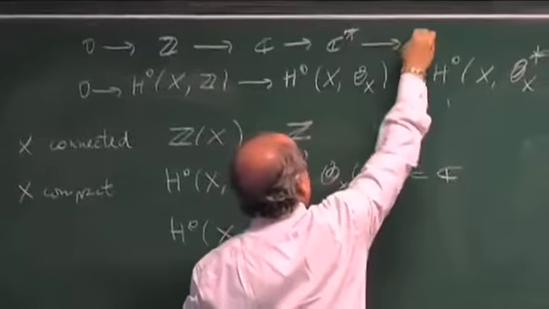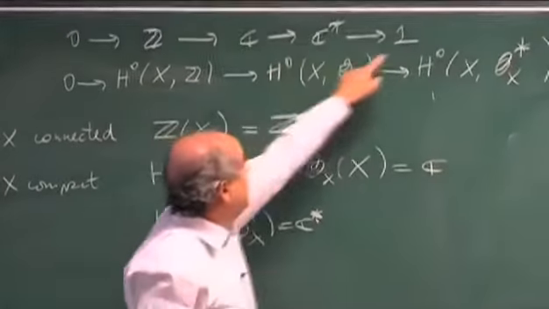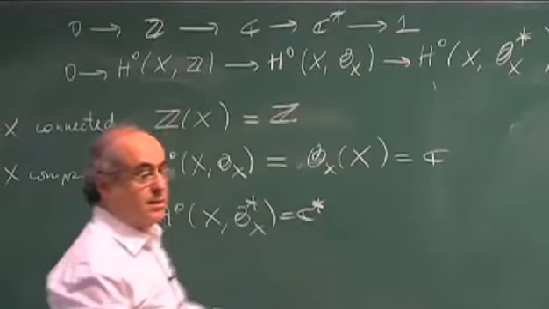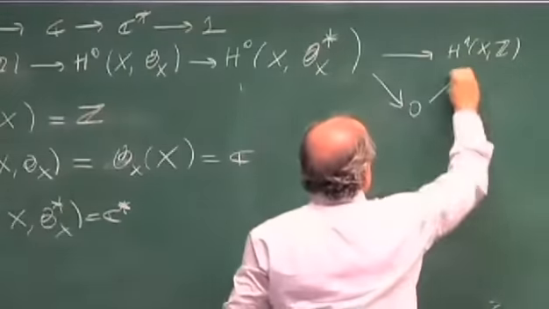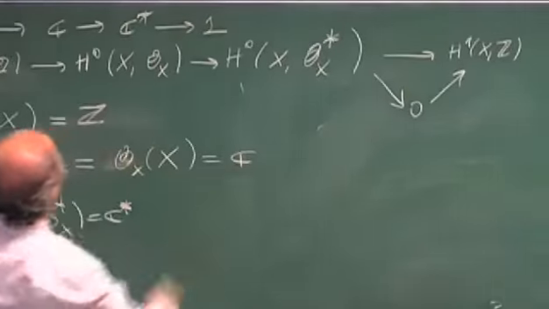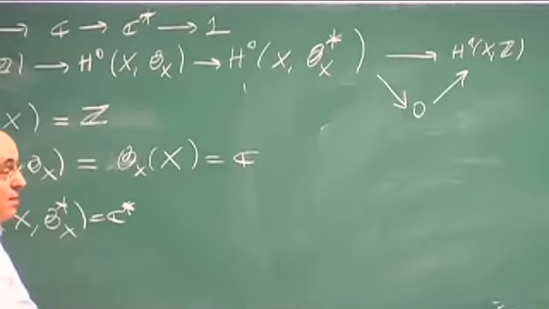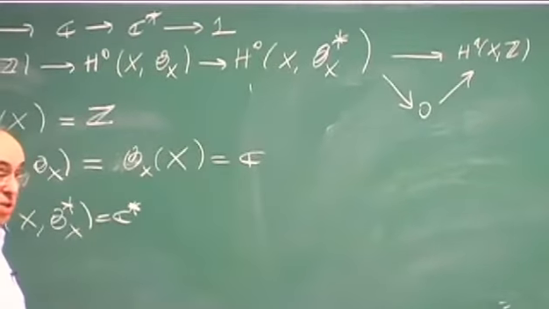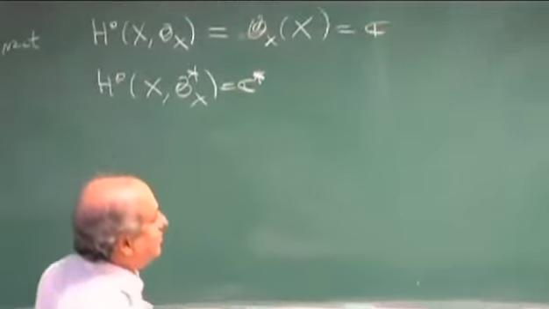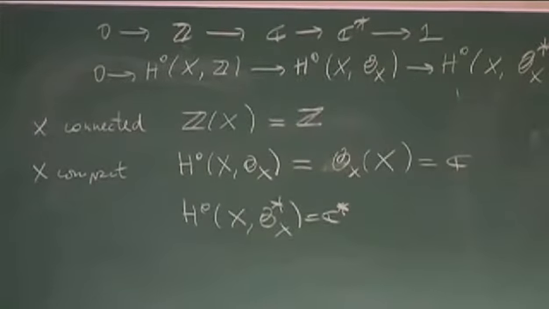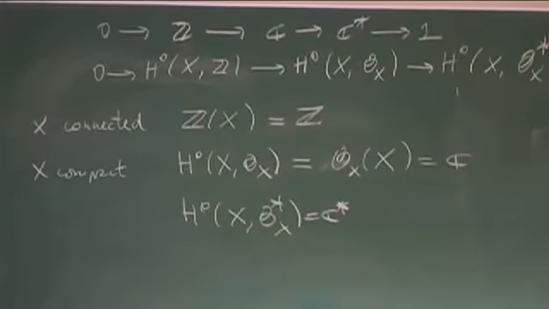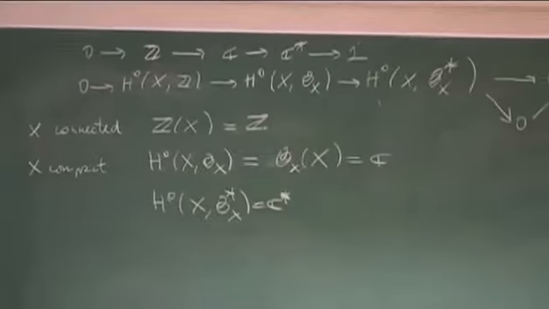But this, we know it's exact, ending with 1 here. So here, I can write 1 or 0, and then this means that the long exact sequence splits. There's a first piece with 3 elements, which is exact by itself, and then it starts again with 0, which is this 0. Actually, you also need it connected.